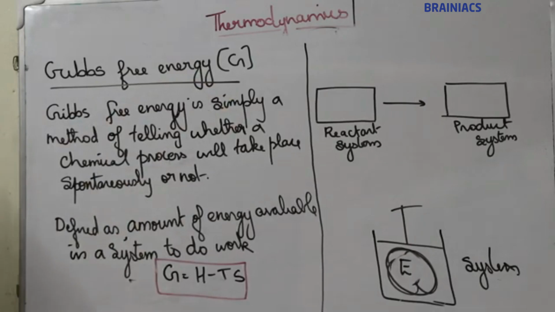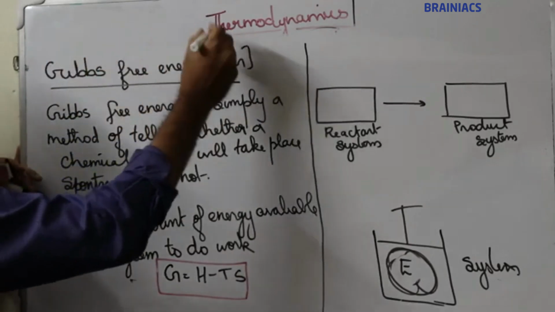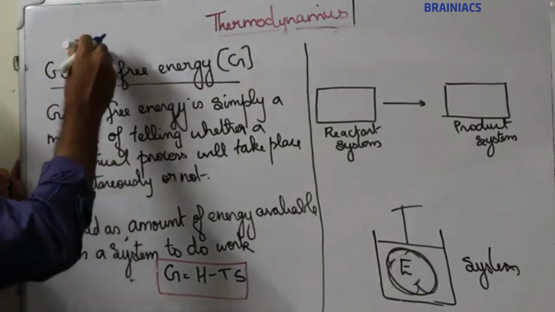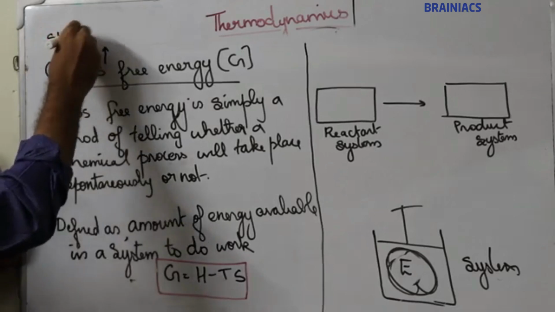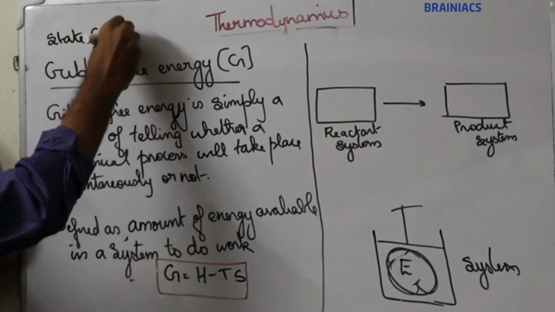This is G. Now, G is a state function and an extensive property.